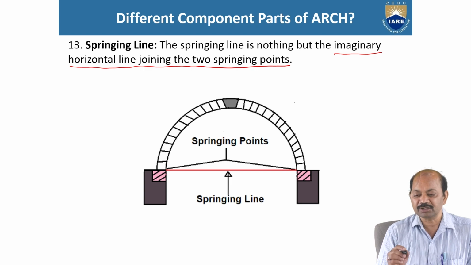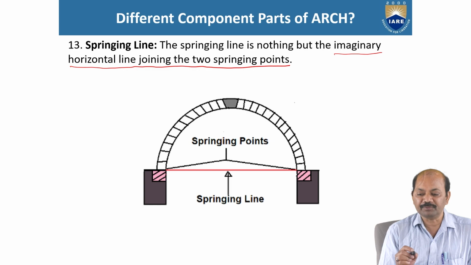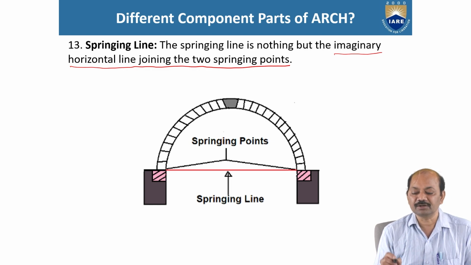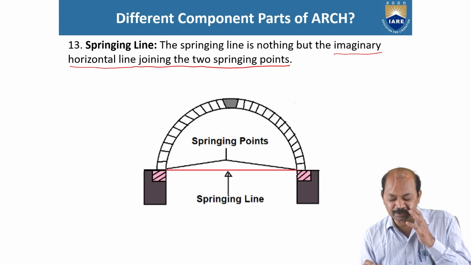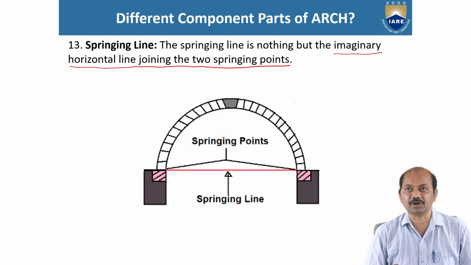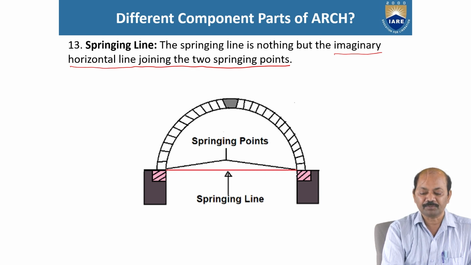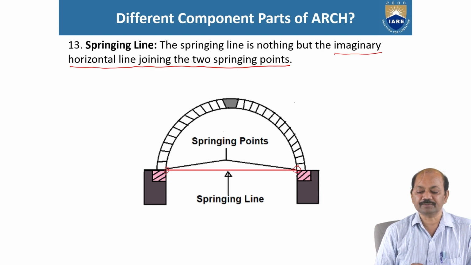Usually any arch has two springing points, and if we join a horizontal straight line from one springing point to the other springing point, that is called springing line. You can see in the figure the straight horizontal line from one springing point to the other. It's called springing line.